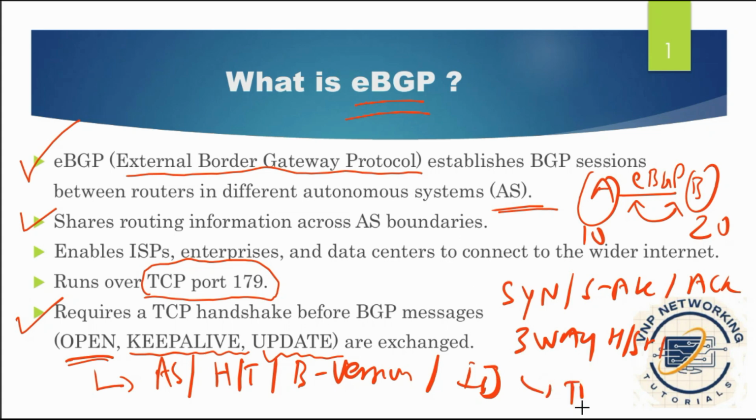So, in summary, eBGP connects routers in different AS, uses TCP port 179, requires a TCP three-way handshake, exchanges OPEN, KEEPALIVE, and UPDATE messages, and helps networks connect to the internet.